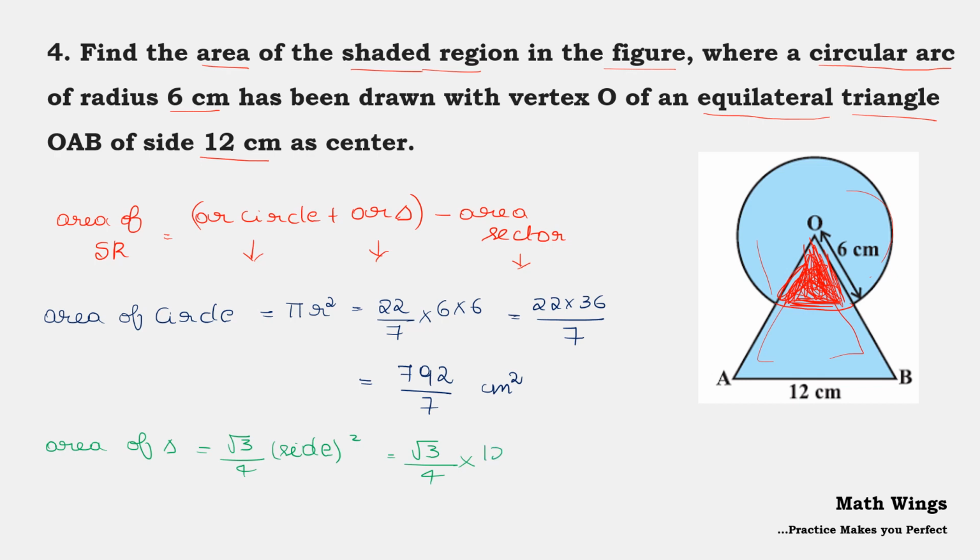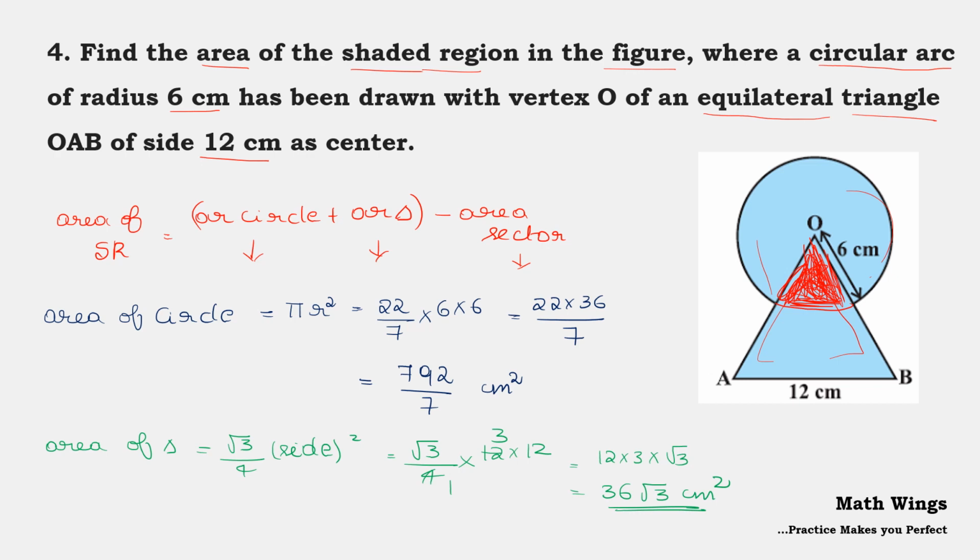Therefore, I can take 12 into 12. So this becomes 4 ones are 4, 4 threes are 12, that is equal to 12 into 3 into root 3, which is equal to 36 root 3 centimeter square.